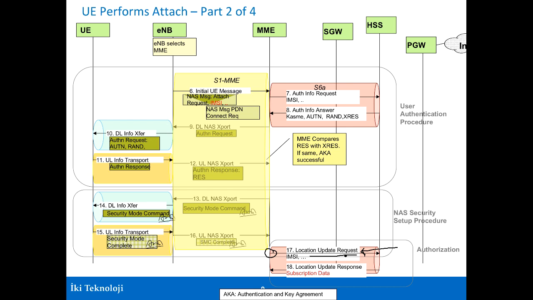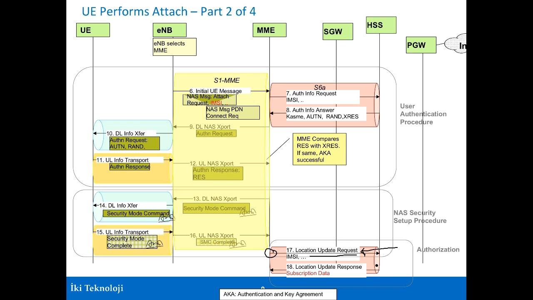The HSS stores which MME is serving the mobile, because if some SMS needs to be sent, the query gets sent to the HSS to say, okay, where do I send the SMS to? And it needs to come to the MME. For IP packet data, you don't really need to know which MME is serving the mobile.